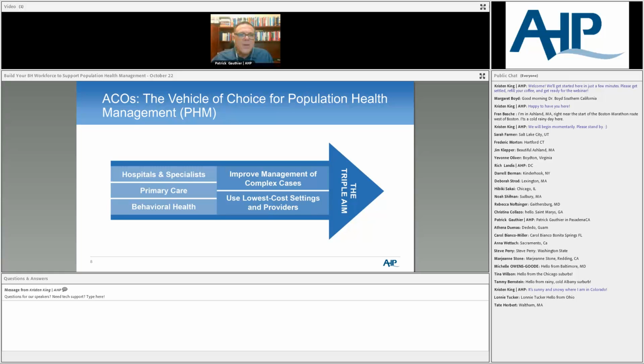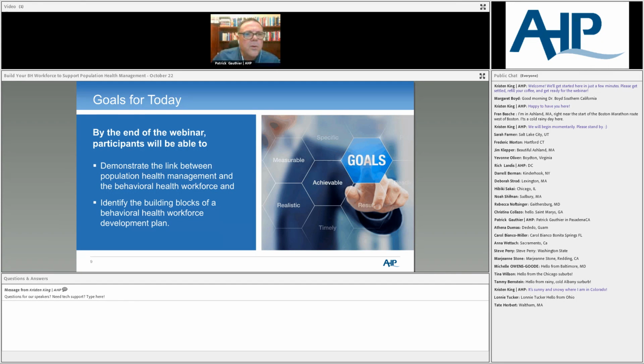So that's what we're talking about today, and our goals for today are to demonstrate the link between your population health management and the behavioral health workforce, and then to identify the building blocks of a really solid behavioral health workforce development plan. Now, what we're assuming here, too, is that you've already decided, in being here today, that you're interested in building your behavioral health workforce. So do bear in mind that's going to be one of our presuppositions.